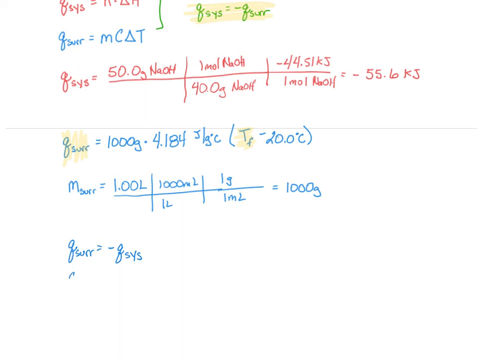And so Q of the surroundings is equal to 55.6 kilojoules. Now, I'm looking ahead. We're going to run into a problem because in my heat capacity, I have joules, and here I have kilojoules. That's going to give me a problem.